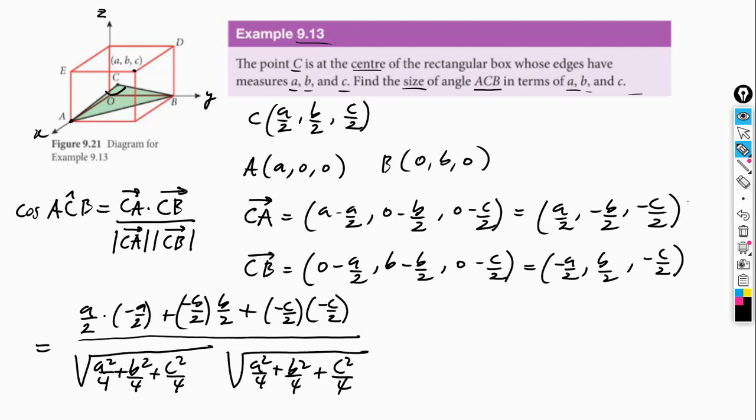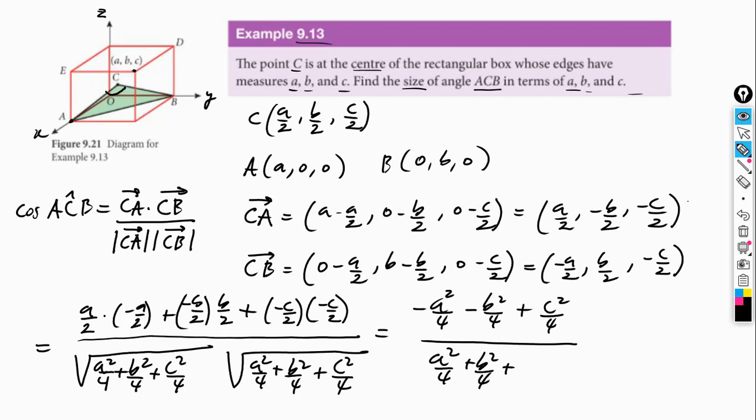Okay, so notice that this is going to give us minus A squared over 4 minus B squared over 4 plus C squared over 4, and all of this over A squared over 4 plus B squared over 4 plus C squared over 4.